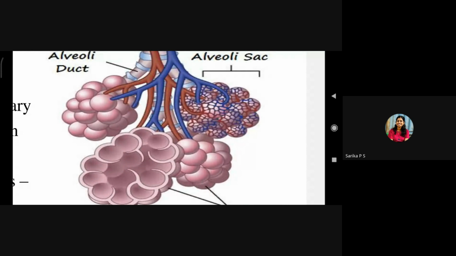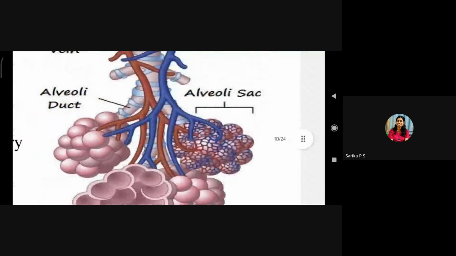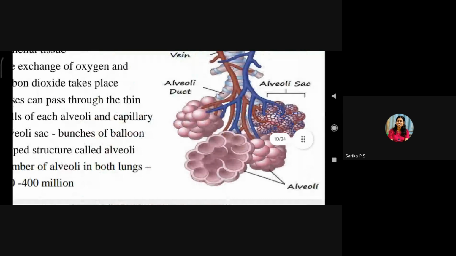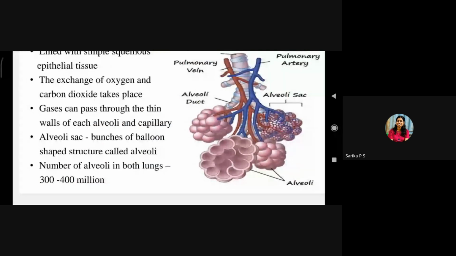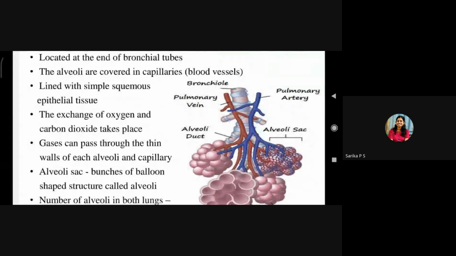You can see how the alveoli are covered by capillaries. The alveoli are lined with simple squamous epithelial tissue.